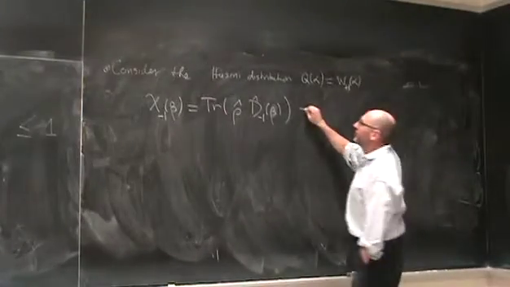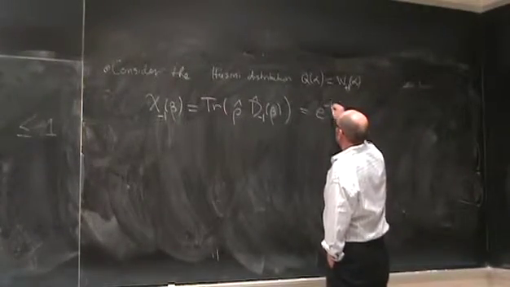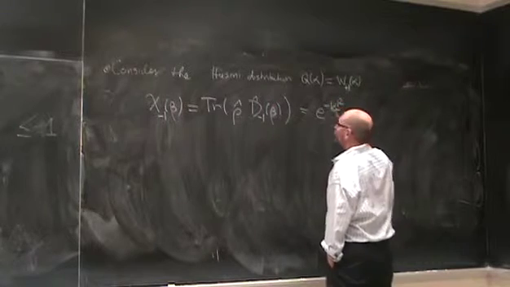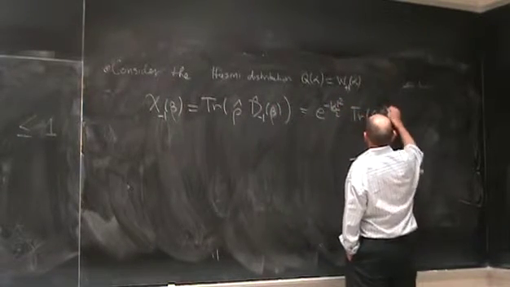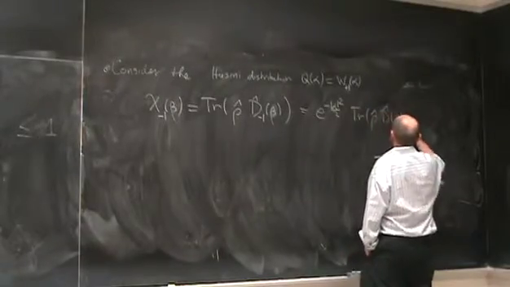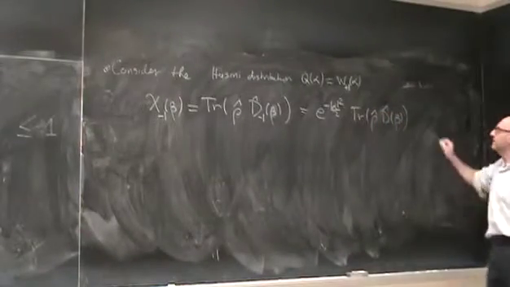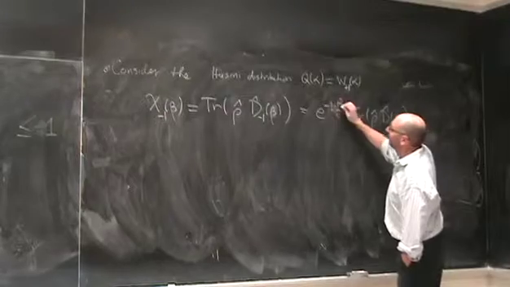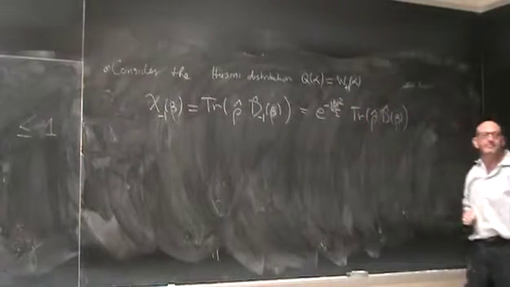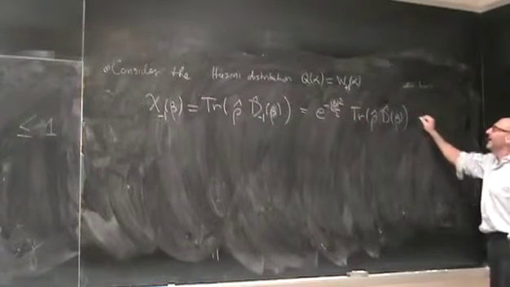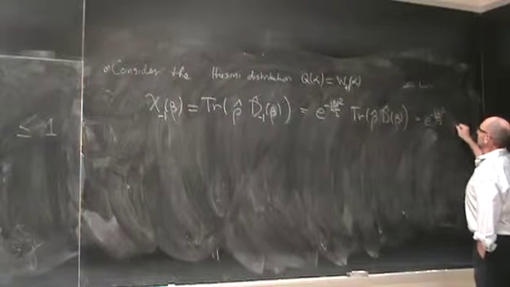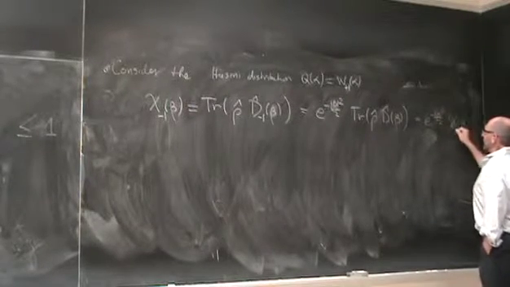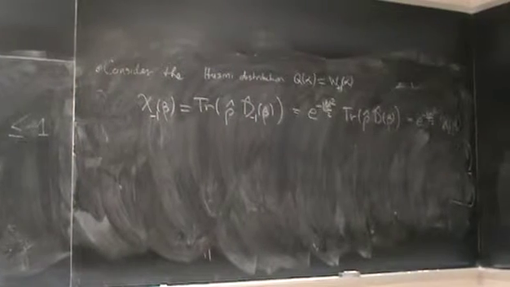And that's equal to e to the minus beta squared over 2 times the trace of rho with D of beta, which is equal to e to the minus beta squared over 2 times the guy for the symmetric.